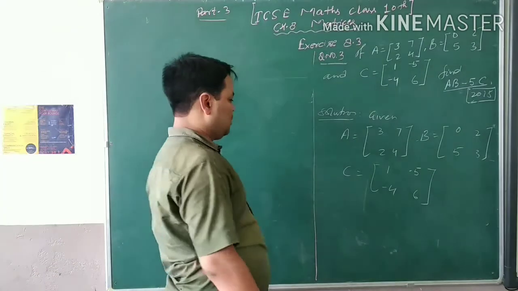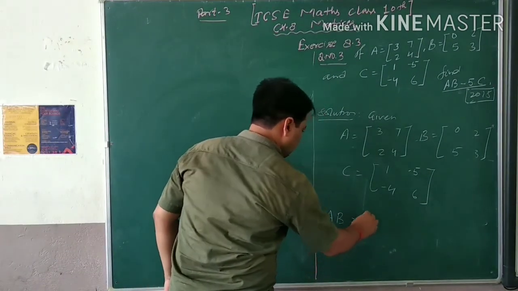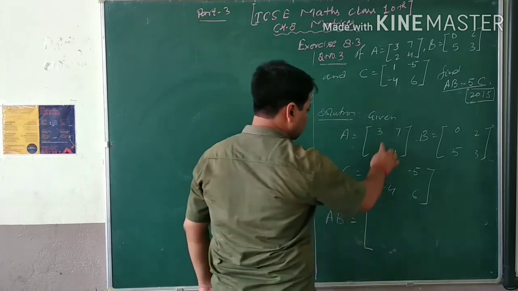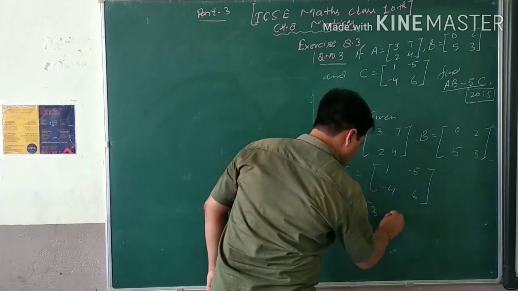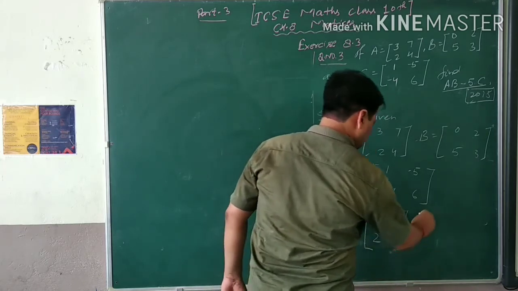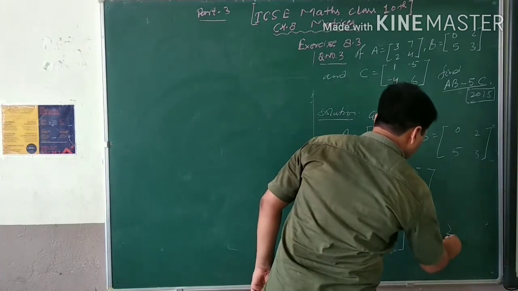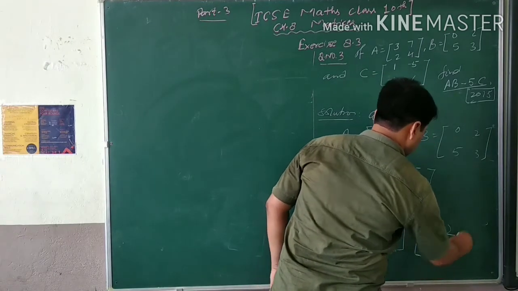First of all we should find AB. We write A as 3 7 2 4 and B as 0 2 5 3.